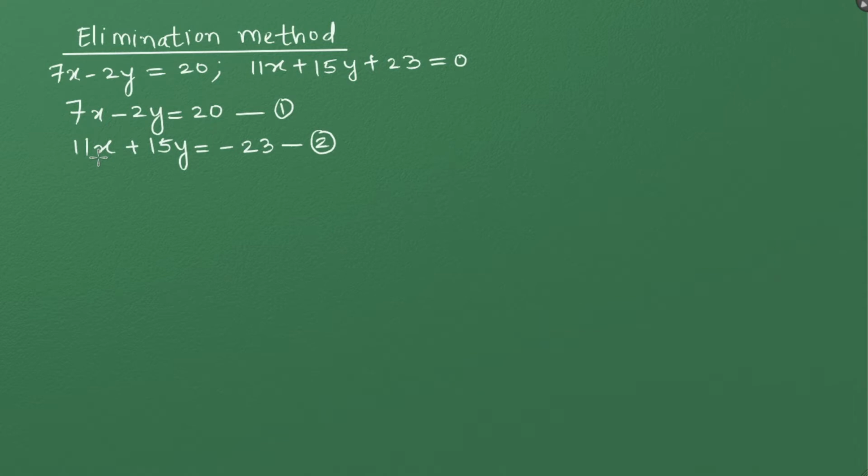Now how to make the coefficients equal? What is done is this equation 1 is to be multiplied with the coefficient of the second equation, and the second equation is multiplied with the coefficient of the first equation.